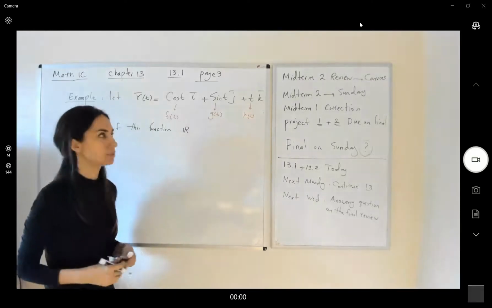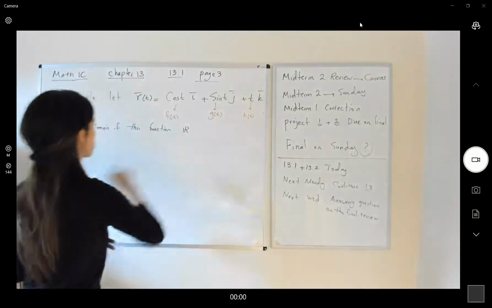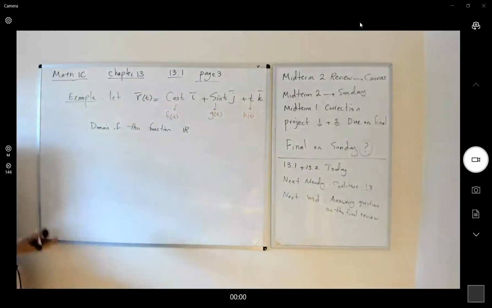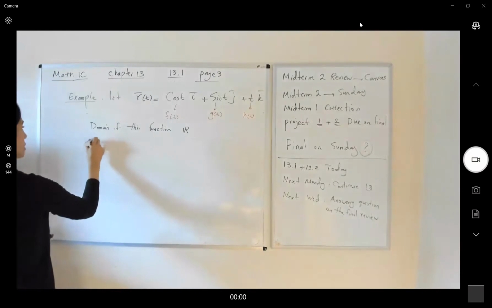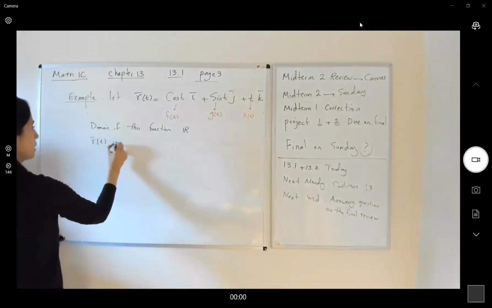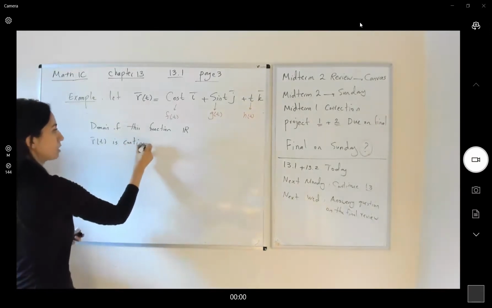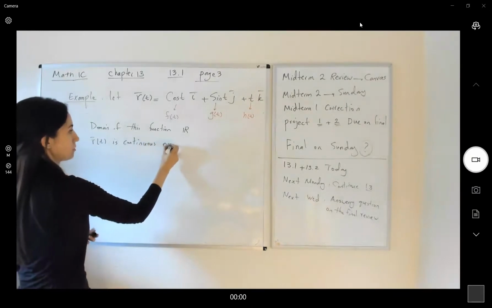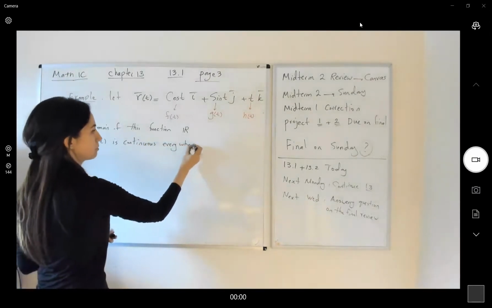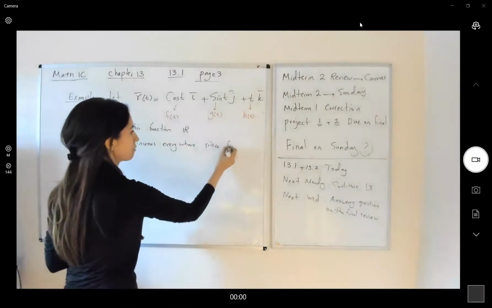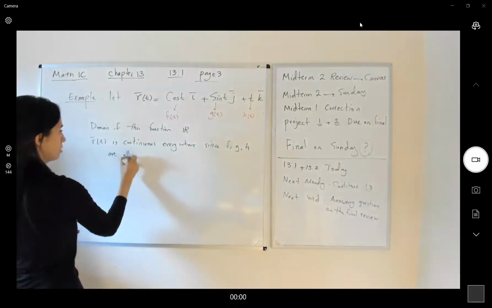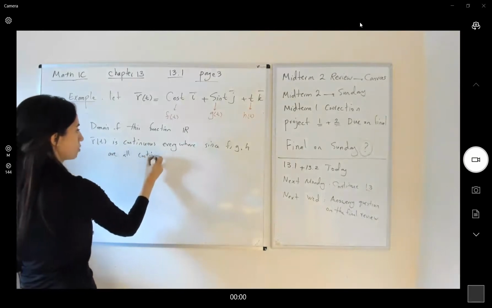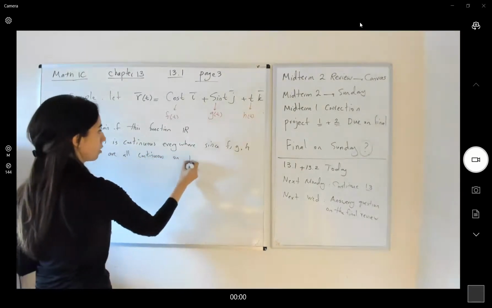So it's going to be just R. And of course, r(t) is continuous everywhere since f, g, h are all continuous on R.